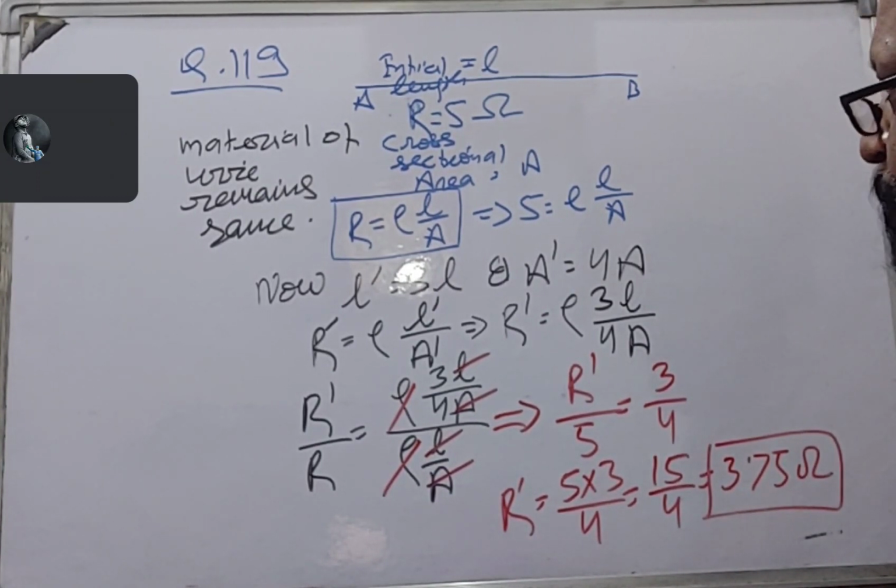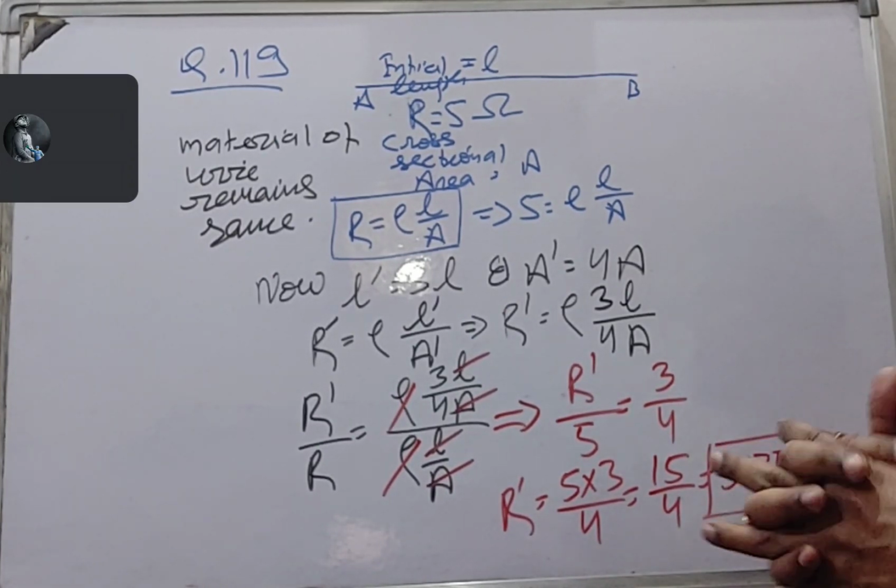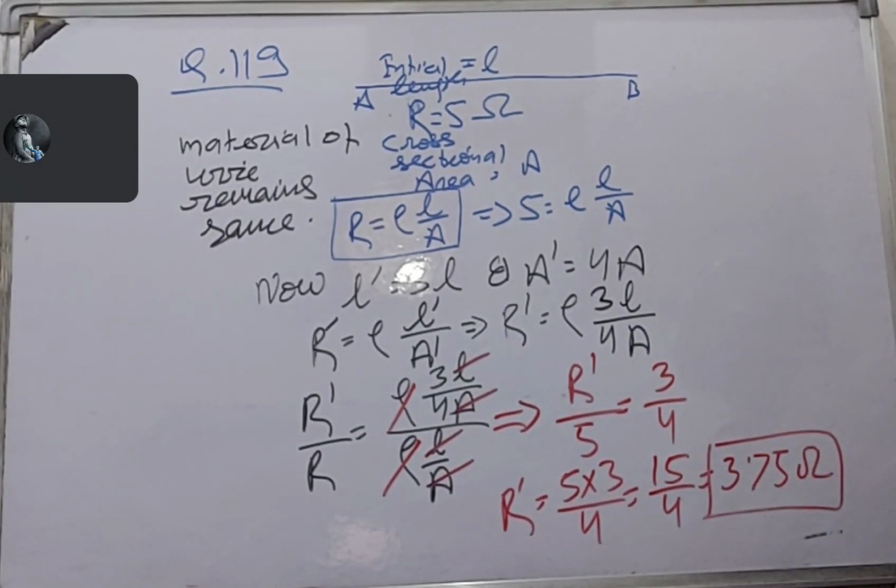When length is increased by 3 times and the cross sectional area increased by 4 times, then the resistance is reduced from 5 ohm to 3.75 ohm. Did you get this? Should I go for the next one?